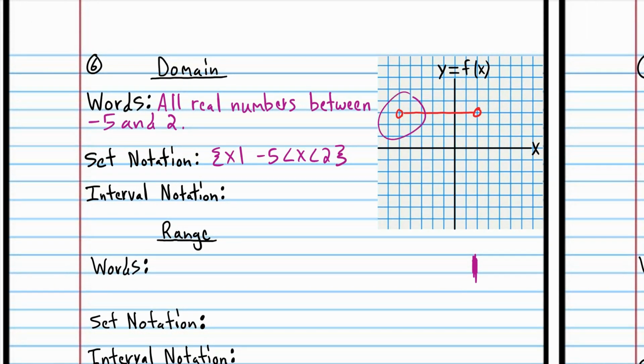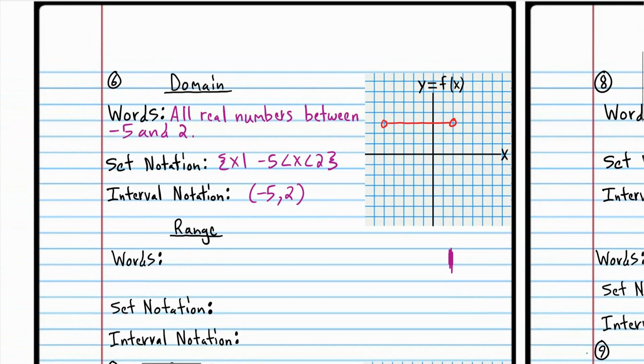And these are open dots here, so we don't need less than or equal to symbols, just less than symbols. And we need parentheses for interval notation, -5, comma 2. So if you got that one right, excellent.